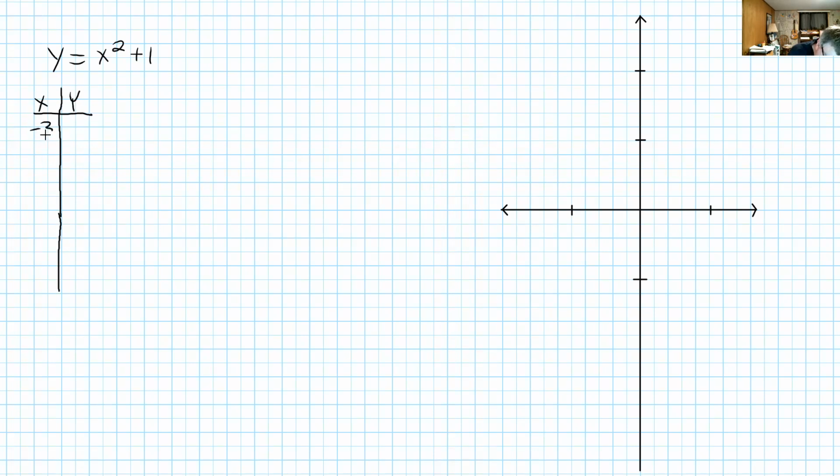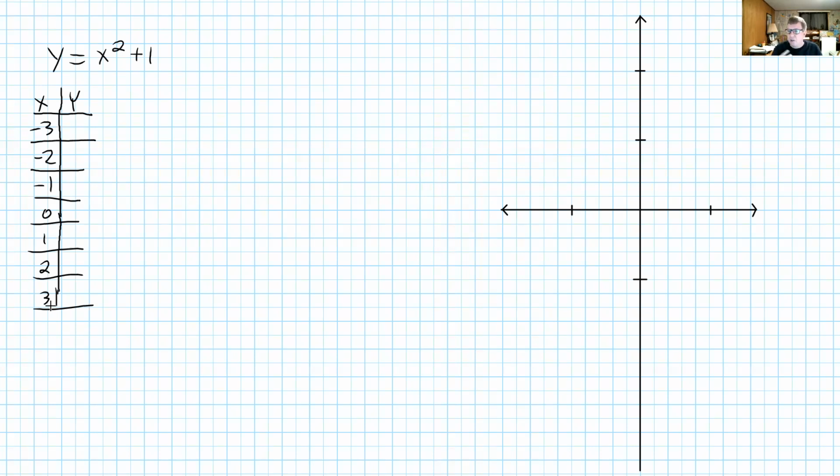And I'm going to have x go from -3 to +3. Now, what I tend to tell people to do is when you're graphing something and you have no idea what it looks like, what it's about, I always say start with -3 to +3, see what you get, and then go from there.